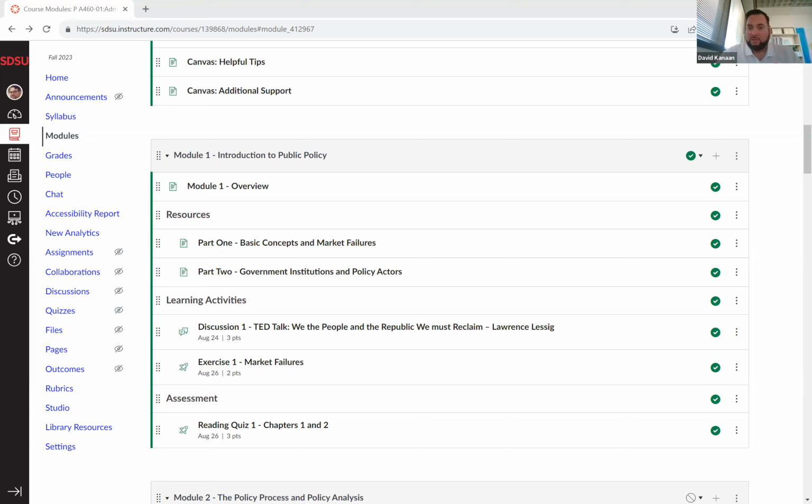Everything adds up to 100. So if you think, oh, I don't need to do these small assignments, they add up, and it would definitely affect your grade negatively. So it's important to stay ahead of things. Even though a lot of things are due at the end of the week, make sure you're parsing your week where you'll have adequate time to finish each assignment and not leaving everything till the last day.